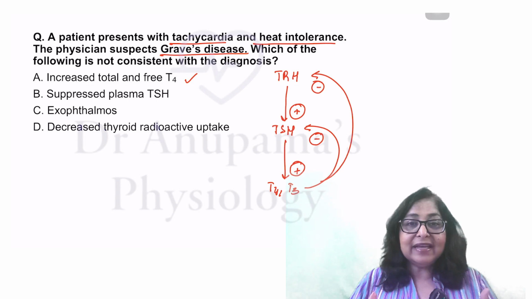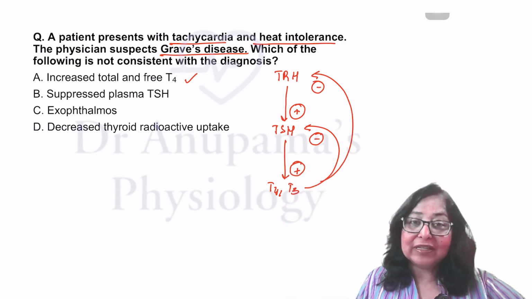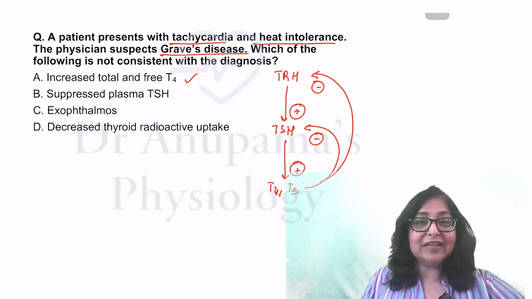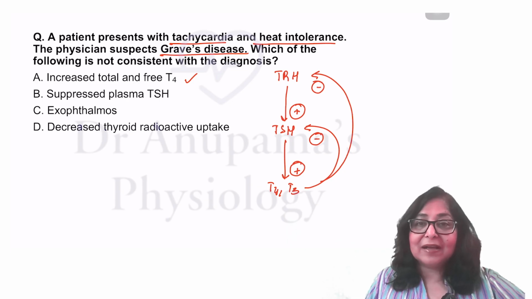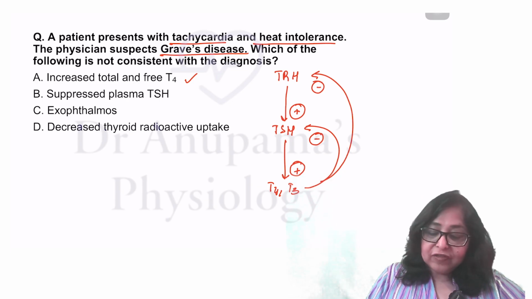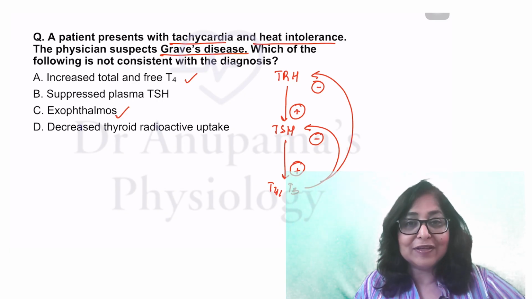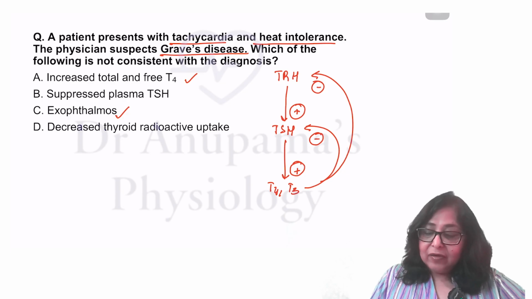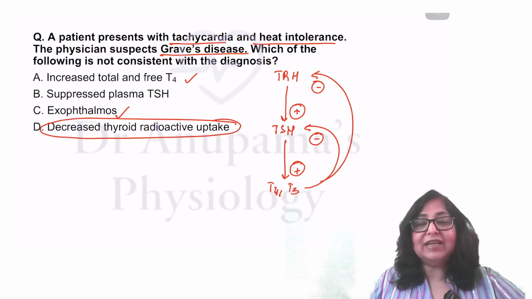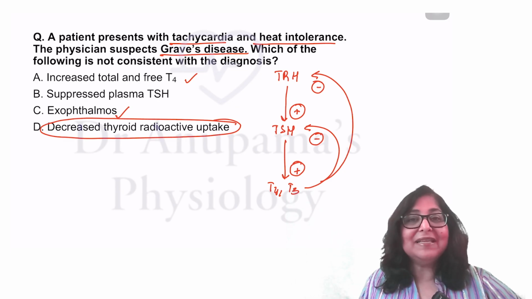So in Graves' disease, because of a hypersecretion of T4 and T3, these will have a negative feedback effect on the secretion of TSH, so suppressed plasma TSH. Exophthalmos is a very distinctive feature of Graves' disease. What about the thyroid radioactive iodine uptake? This will be increased in Graves' disease. So my answer here becomes D.